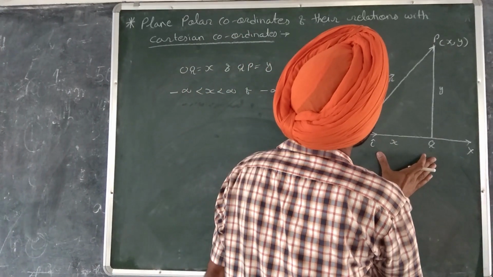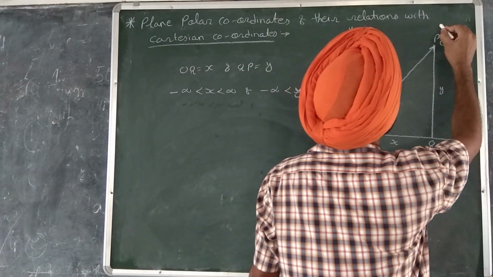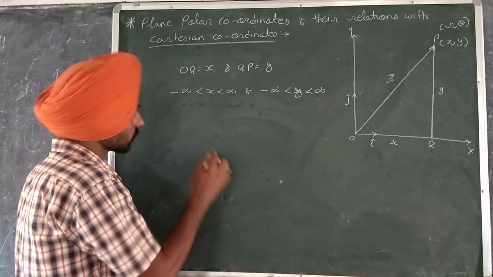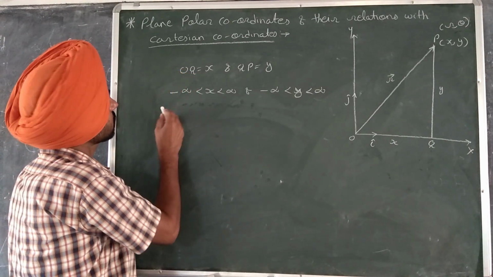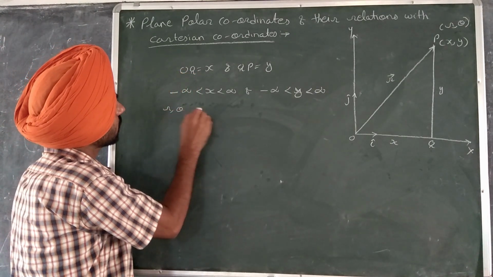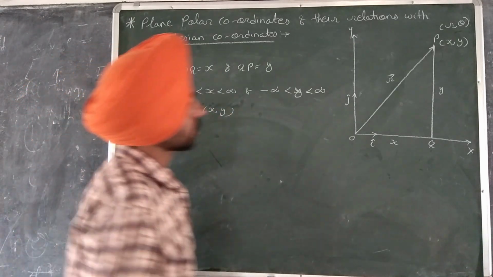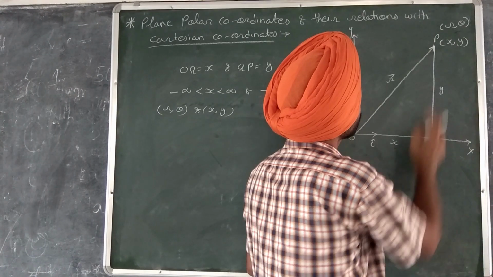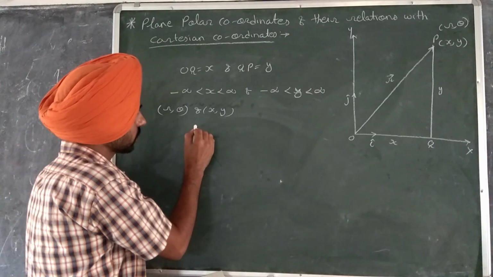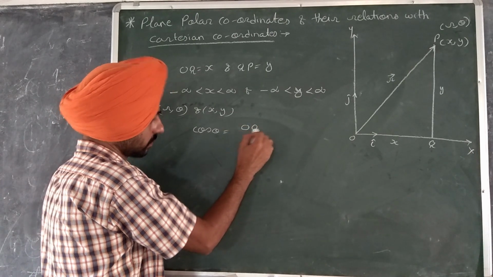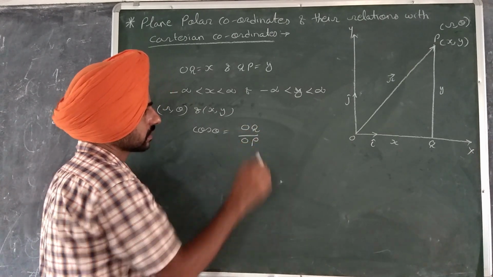In the plane polar coordinate system, the coordinates of point P are r and theta. To find the relation between r, theta and x, y, from the triangle OQP we have cos theta equal to OQ upon OP.